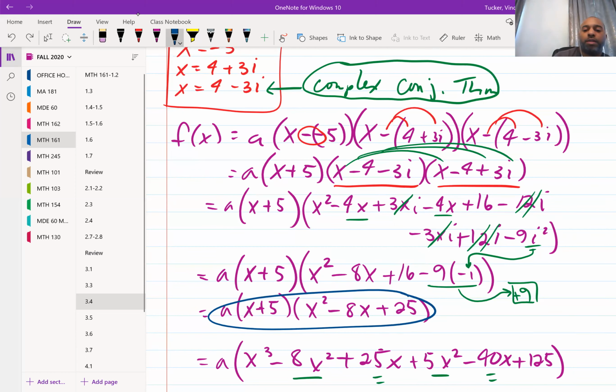So now we're here with x plus 5 times x squared minus 8x plus 25. So we'll distribute.